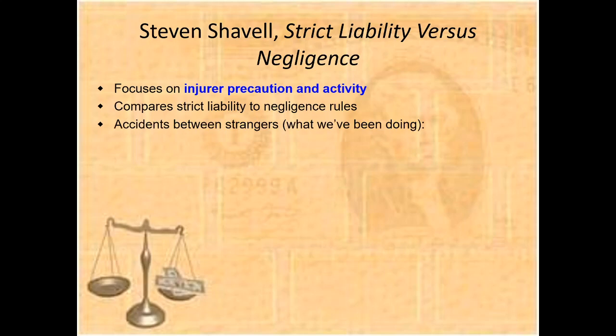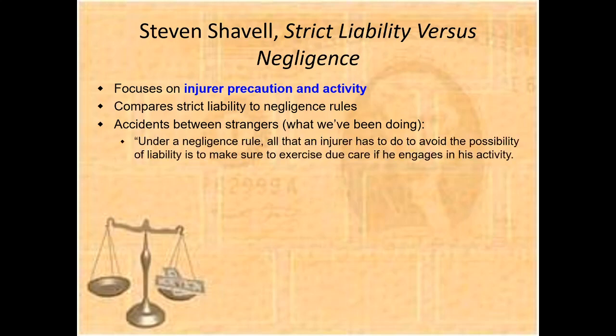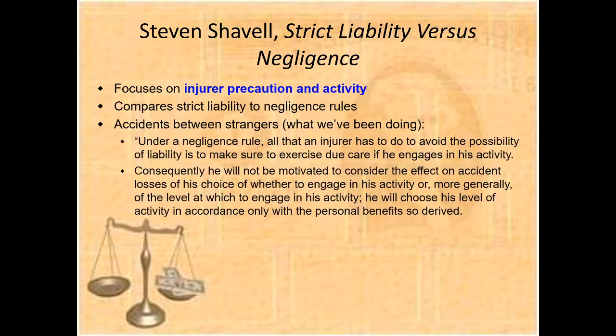But this specifically compares strict liability to the negligence rule in accidents between strangers. Under a negligence rule, all that an injurer has to do is to avoid the possibility of liability, to make sure to exercise due care if he engages in his activity.